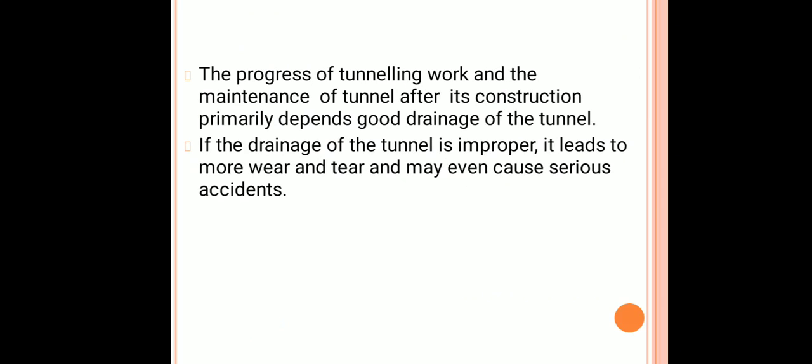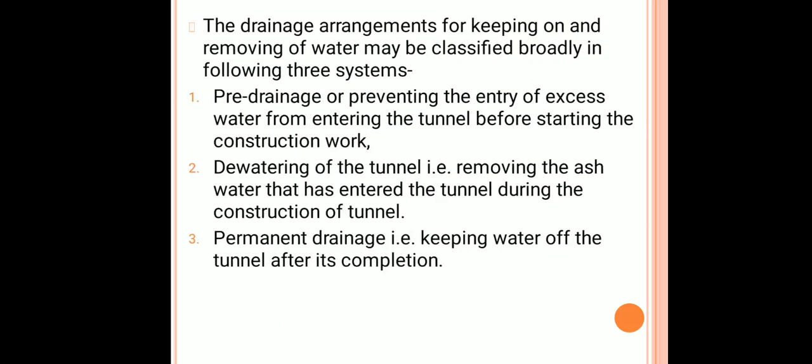The progress of tunneling work and the maintenance of the tunnel after its construction primarily depend upon good drainage of the tunnel. Therefore, tunnel drainage is an important parameter. If the drainage of the tunnel is improper, it leads to more wear and tear, and it may even cause serious accidents. Therefore, tunnel drainage should be given more importance.